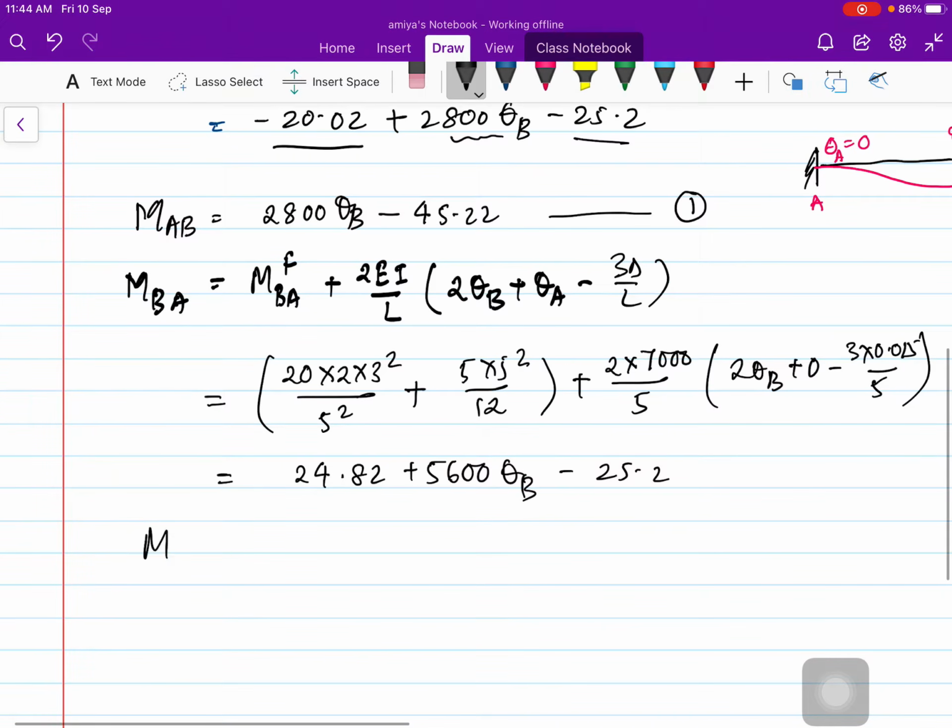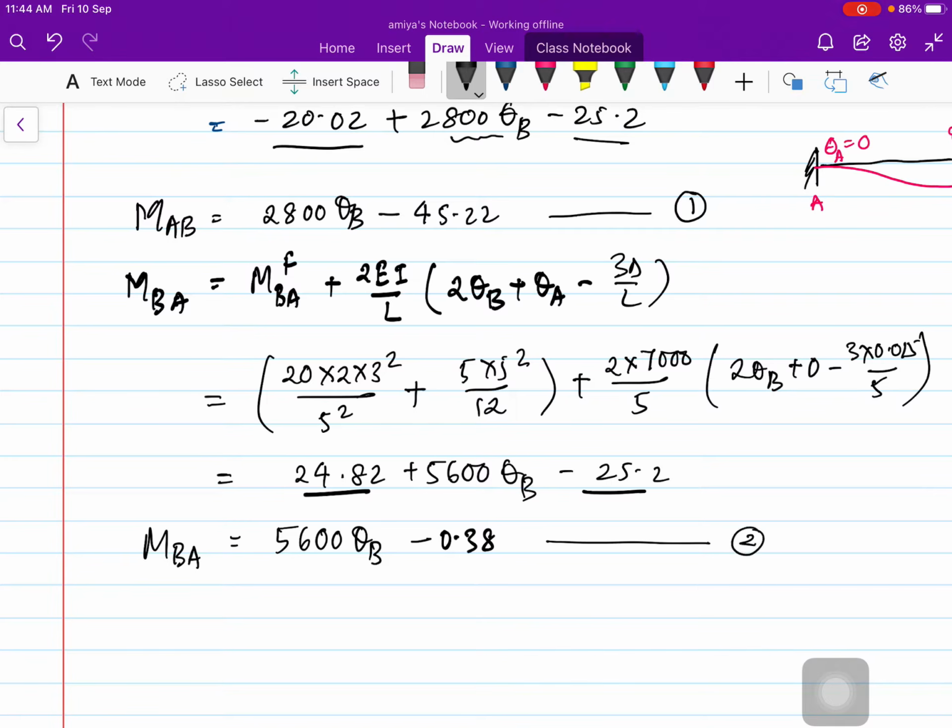So we can write MBA is equal to 5,600 theta B minus, because 24.82 minus 25.2, 0.38. This gives us the second equation.